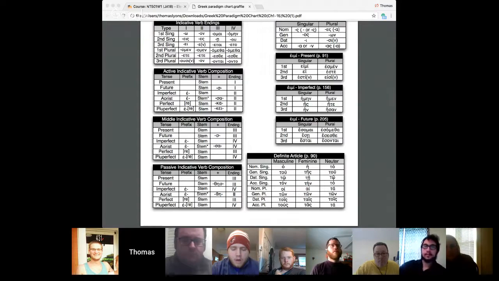And they change when they hit the passive, which is why we're not learning them now, because they have different tense indicators. So if I were you, I would probably start using this paradigm sheet and filling out what you know. You don't know everything. And again, you don't even need to fill out that definite article portion if you've memorized your definite articles, basically using your endings. Does anybody have any questions on this?